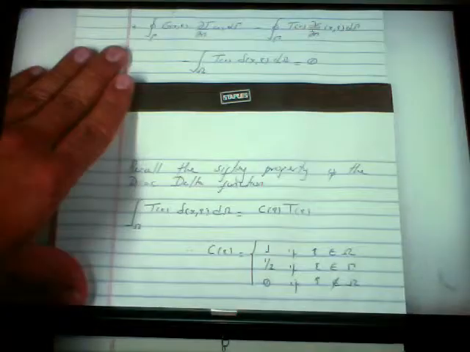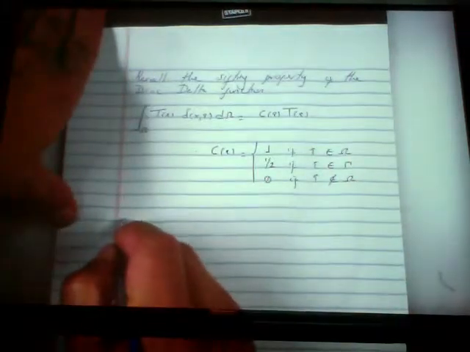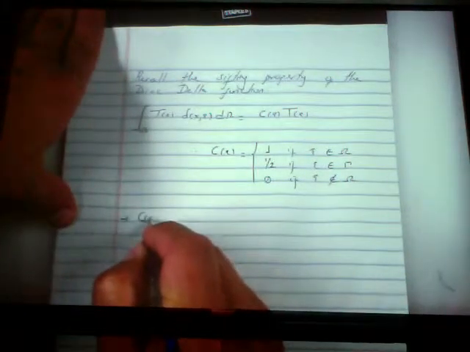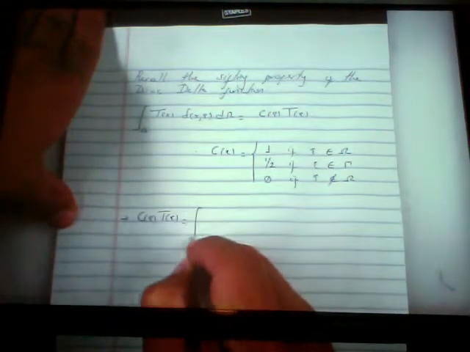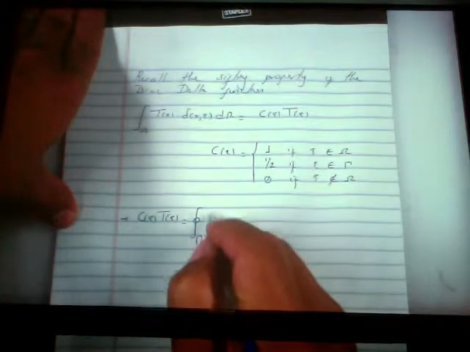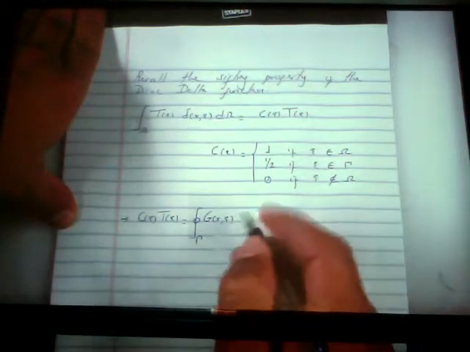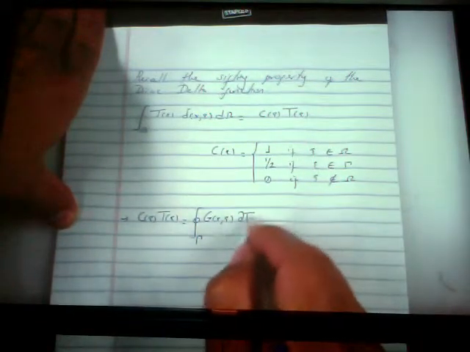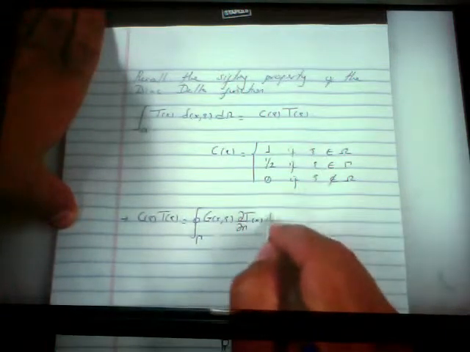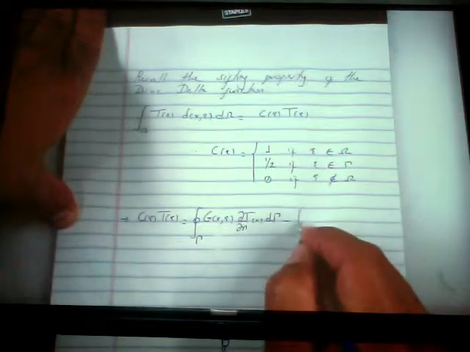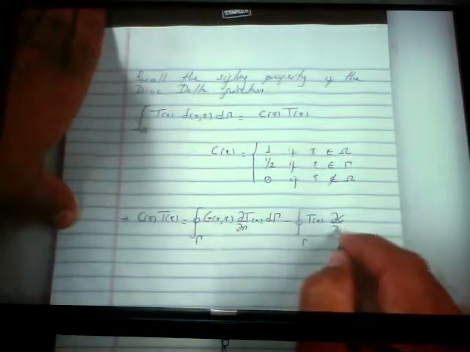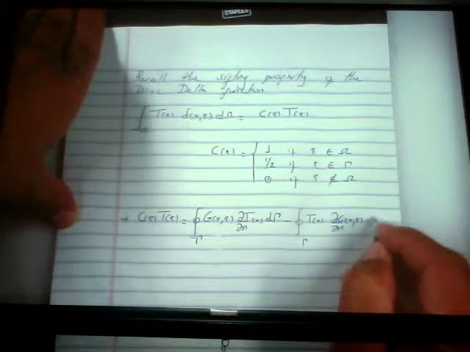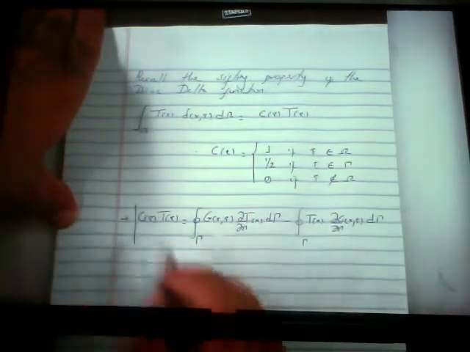So if we use this on the residual minimization formula, what we end up with is c of psi, T of psi, is equal to the integral over the boundary of g of x and xi, dt/dn, d gamma, minus the integral of t of x times dg/dn, d gamma.